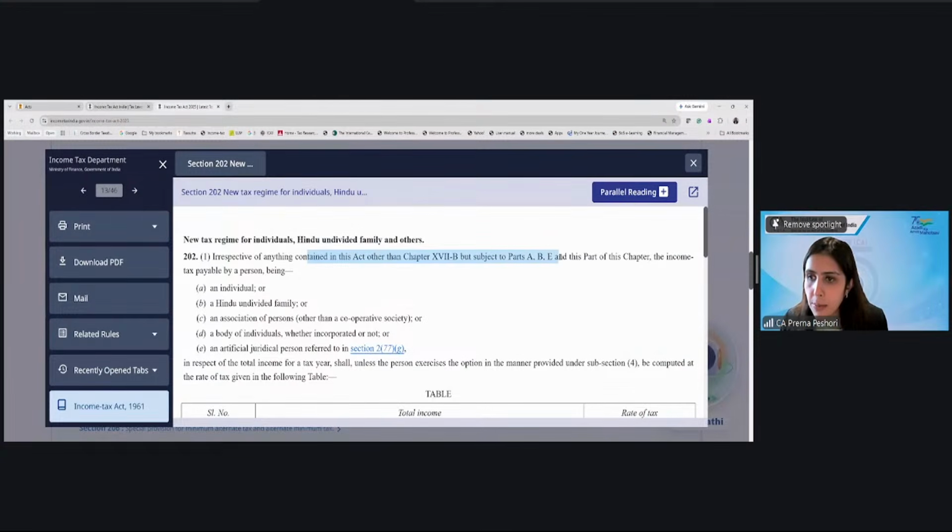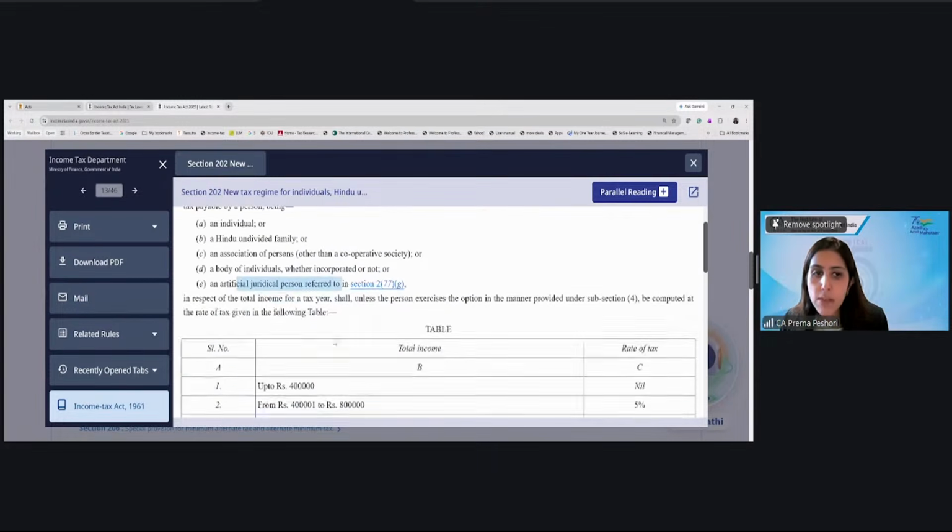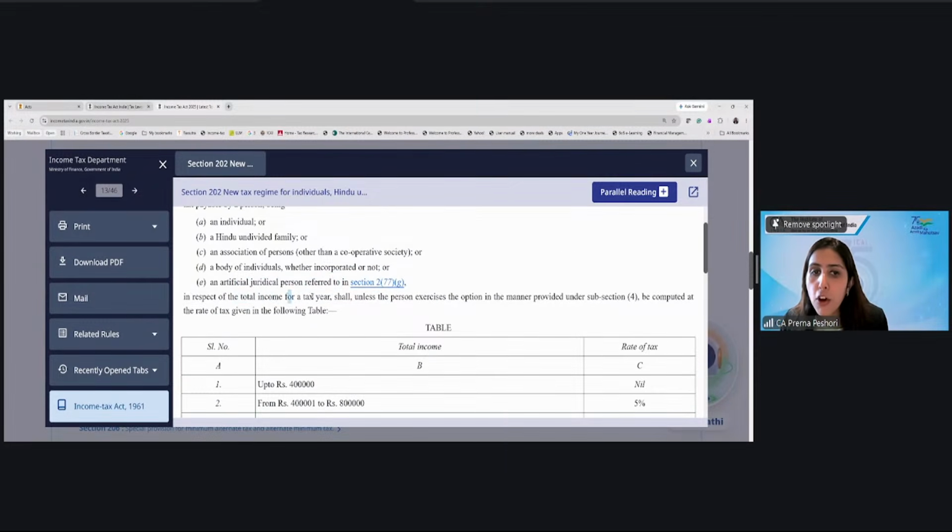So let us go back to section 202. Section 202 says, irrespective of anything contained in this Act other than this chapter, the income tax payable by a person being an individual, HUF, AOP (other than a cooperative society, meaning a cooperative society will not be able to get 202), BOI, whether incorporated or not, or AJP, in respect of the total income for a tax year, see, the tax is on the total income.